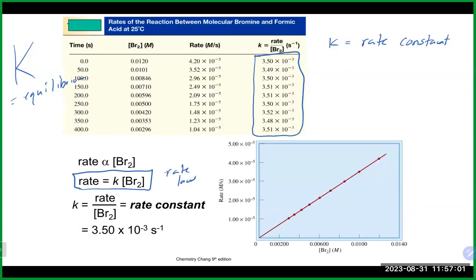A lot of questions won't say in blinking lights, hey, this is a first order reaction, and these are the equations you should use. But they will give you the value of the rate constant, and based on the units you'll know, oh, that's first order, I should use these formulas, or that's zero order, I should use these.